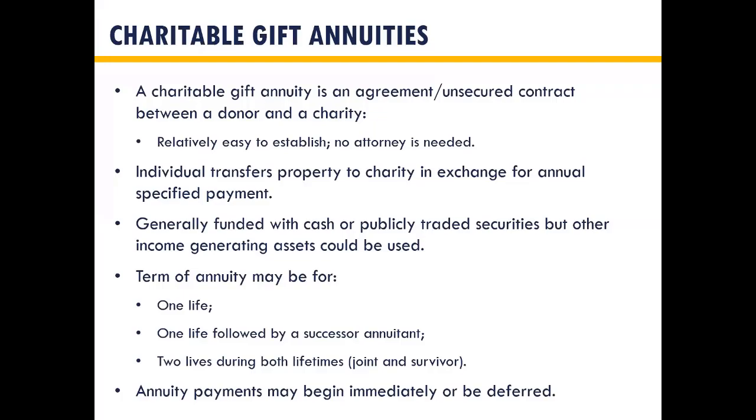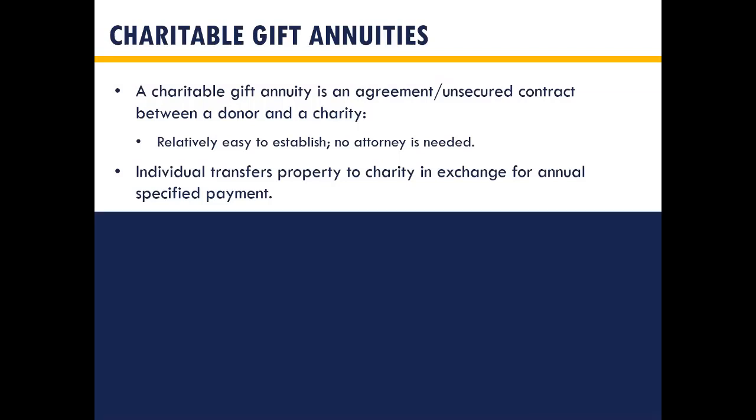Charitable gift annuities, so think about these as how a normal annuity would work, except it's involving you as the charitable organization. So the donor makes a contribution for the charitable gift annuity to you as the charitable organization.